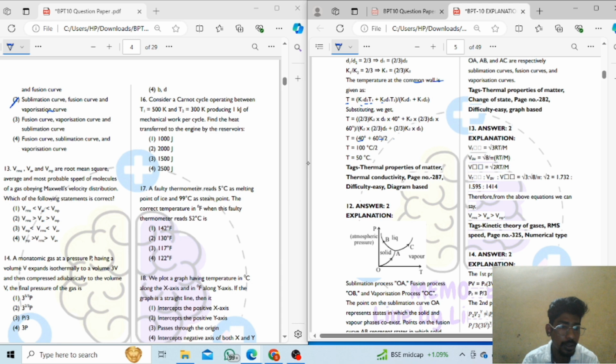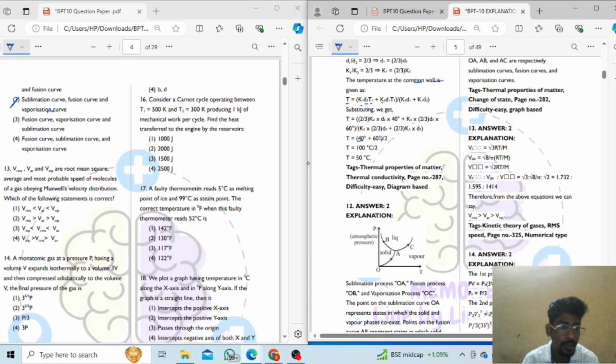V average is the second one, and the most probable speed is the last one. So in decreasing order, VRMS is greater than VAV, greater than VMP. Remember those formulas, then you will get it, otherwise you will not.